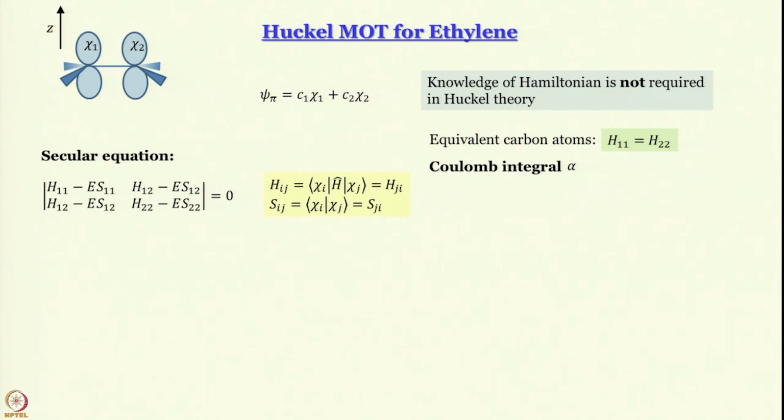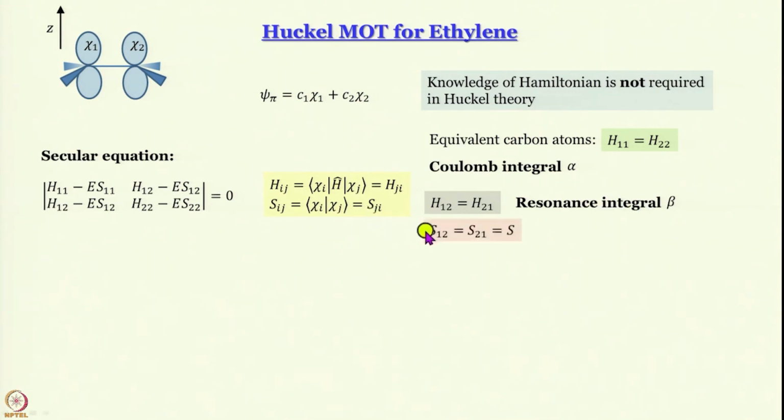And what is the meaning of the Coulomb integral? We can say it now, but let us wait a little bit and we will say it in a little while. Next thing is H12 and H21. H12 and H21 are equal to each other, something that we have already discussed. This is called the resonance integral beta. Again we are going to discuss the physical meaning of beta, what beta stands for and why it is important.